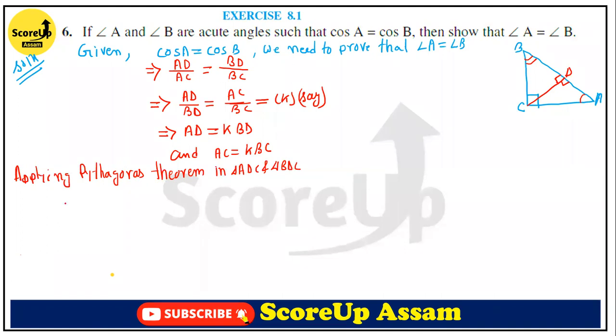We'll get CD square. For this triangle, CD square is equal to what? AC square minus AD square, right? AC square minus AD square.